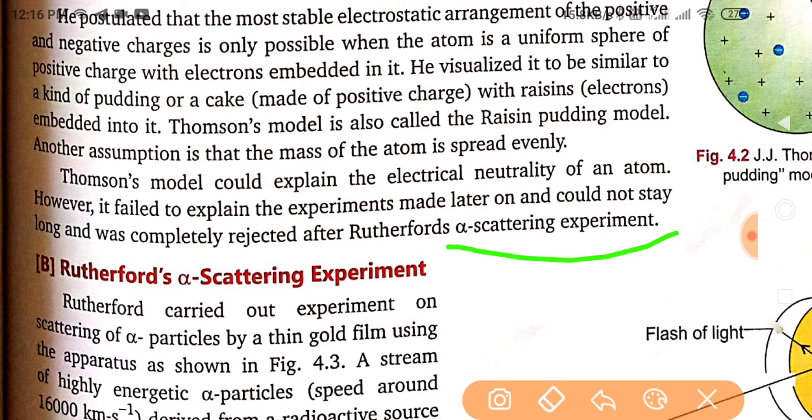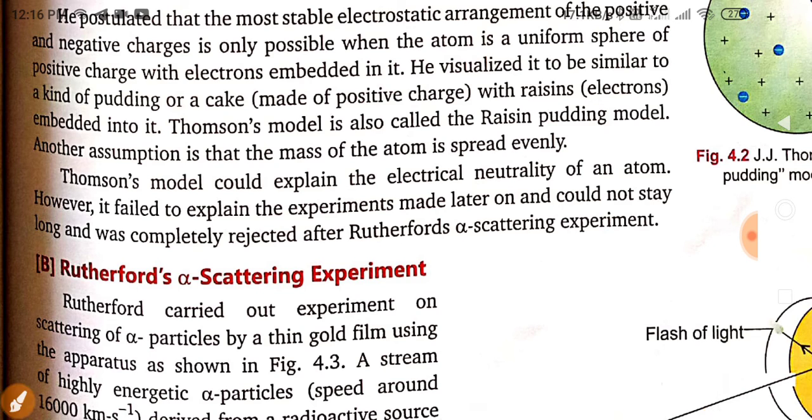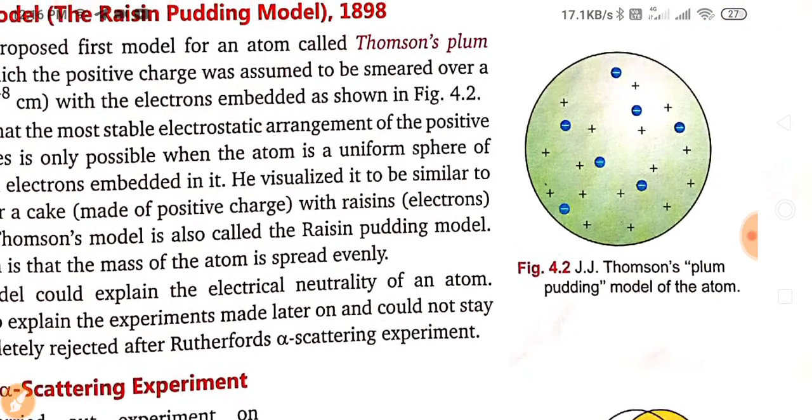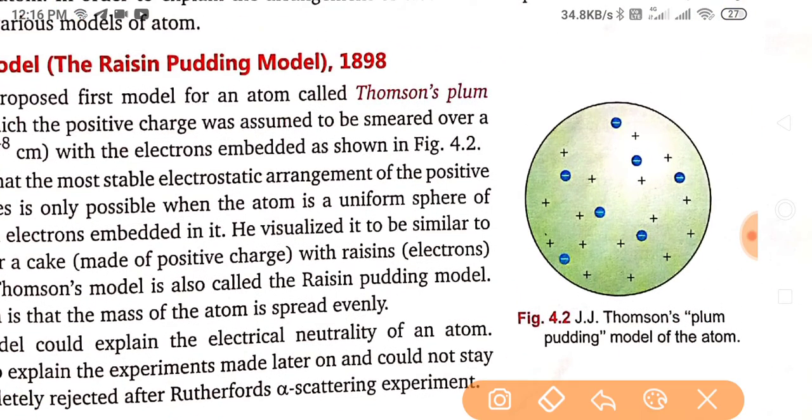However, it can explain the electrical neutrality of an atom, as both positive and negative charge are present within it, which cancel each other's charges. That's why an atom is electrically neutral.